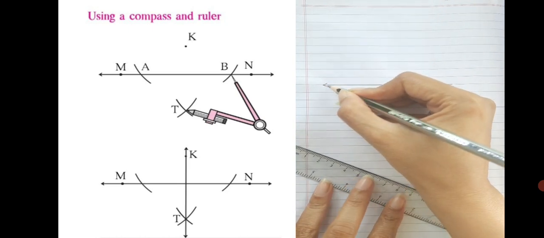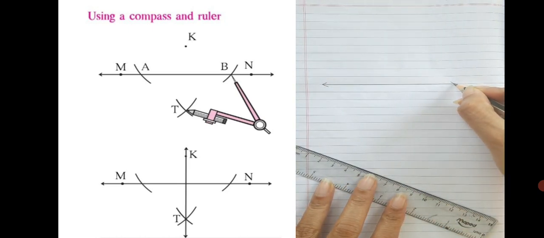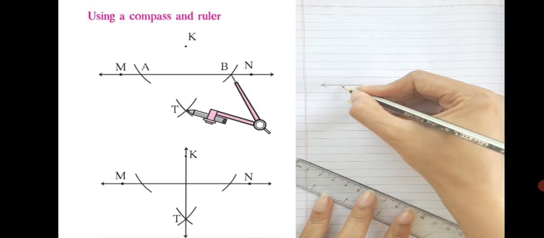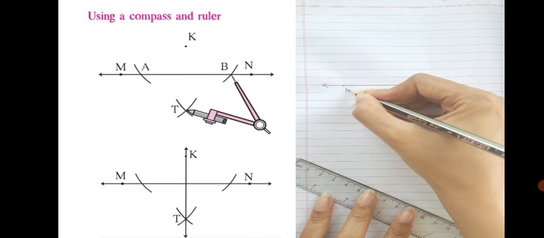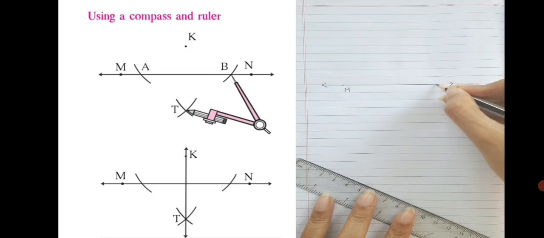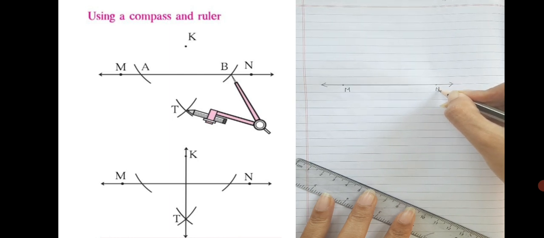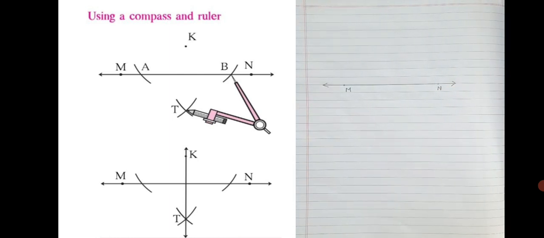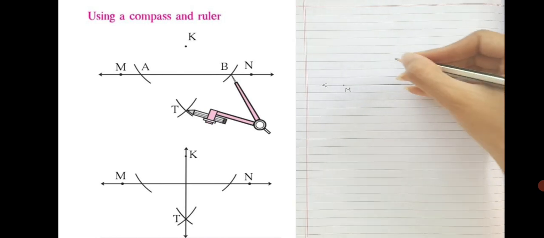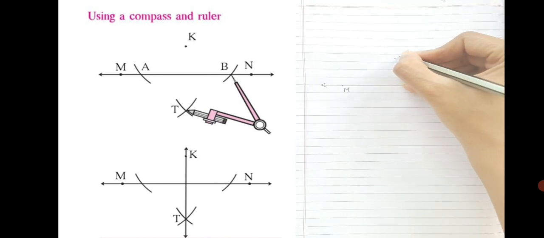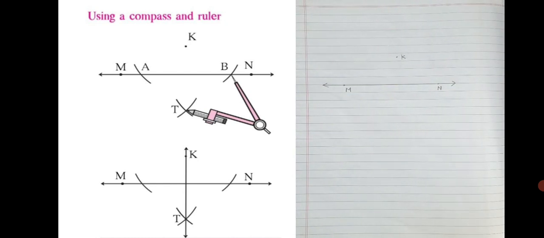Mark the arrows on both the ends and name the line as M on one side and N on other side. This forms a line MN. Now take a point K outside the line. So once you draw line MN, take any point K outside the line.